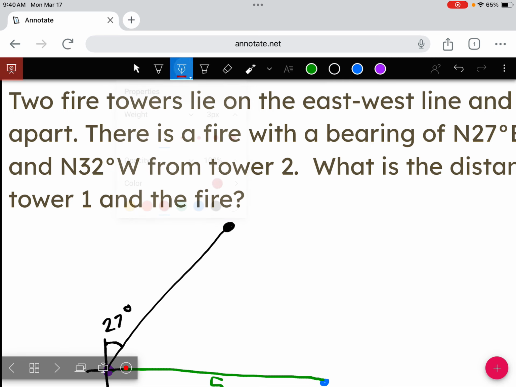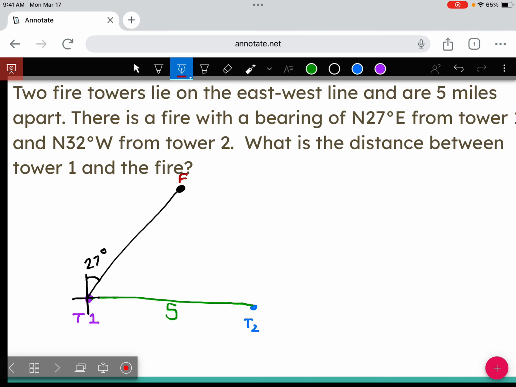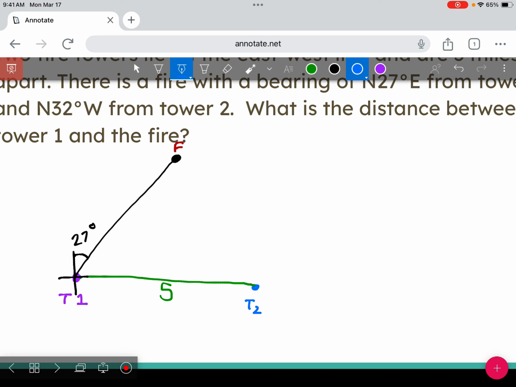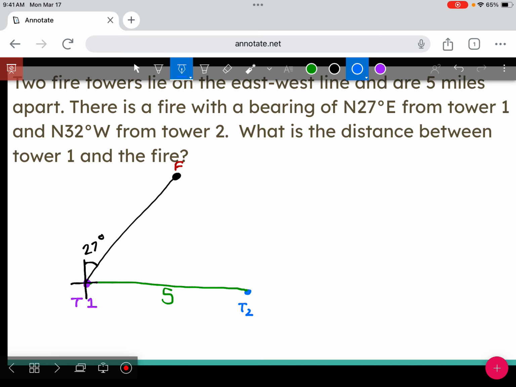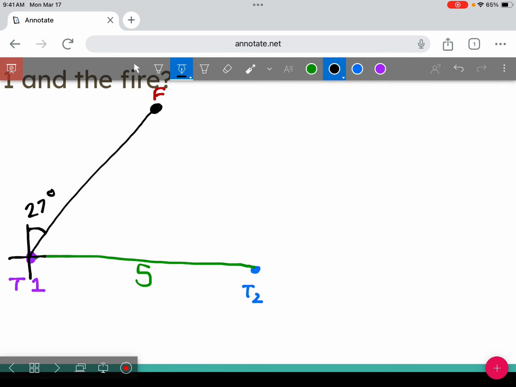So this is the fire. I'm going to call it F for fire. Tower 2 sees the same fire at north 32 west. So they go north, but this time they went to the west. They went this way.